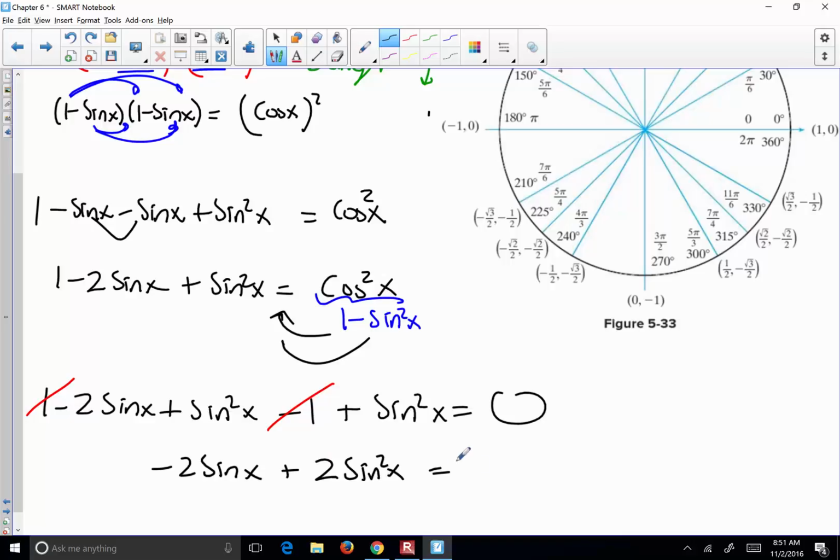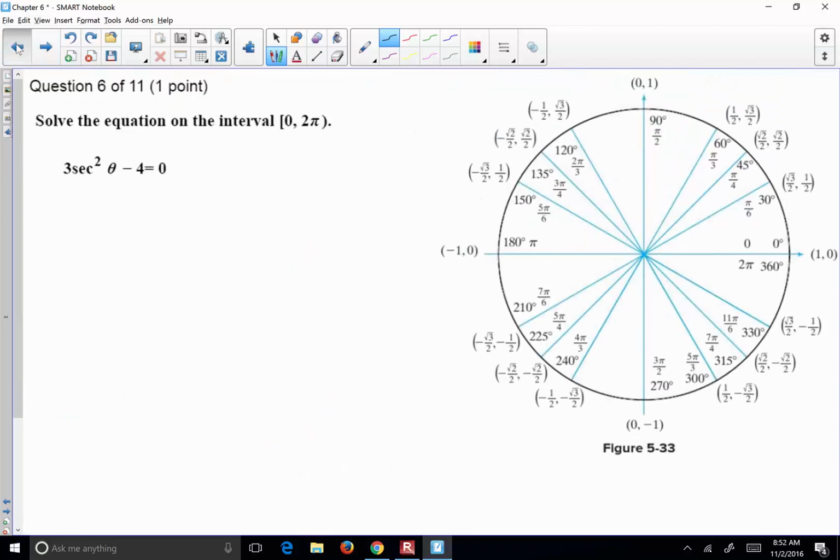Alright. What is next after this? You have a single type of trig function in the equation. Single type trig function. So it's ready for action. What action? This looks very similar to one of the questions we saw.